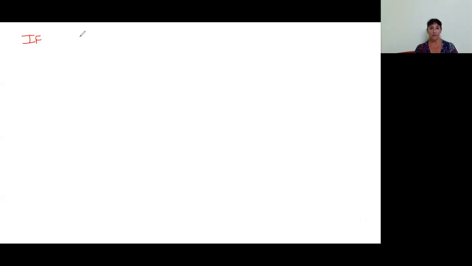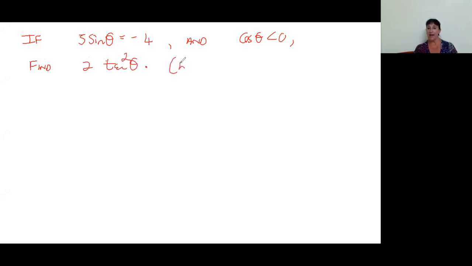So if 5 sine theta equals minus 4 and cos theta is less than 0, find 2 tan squared theta. And this question will say without a calculator.